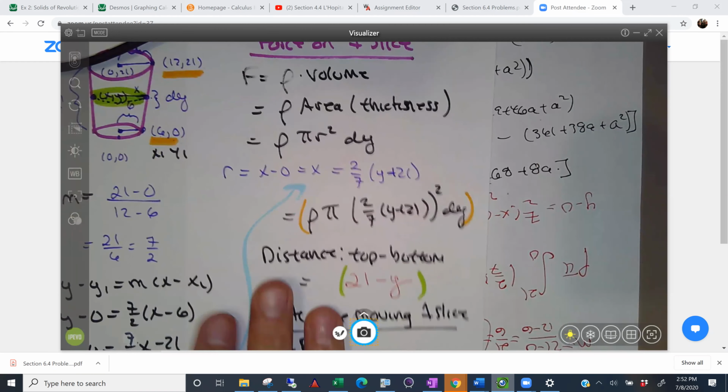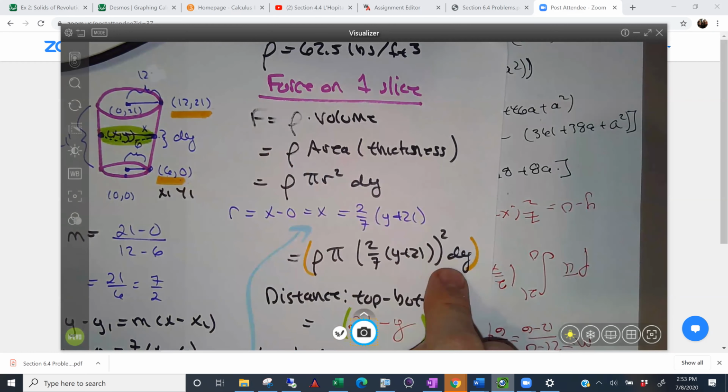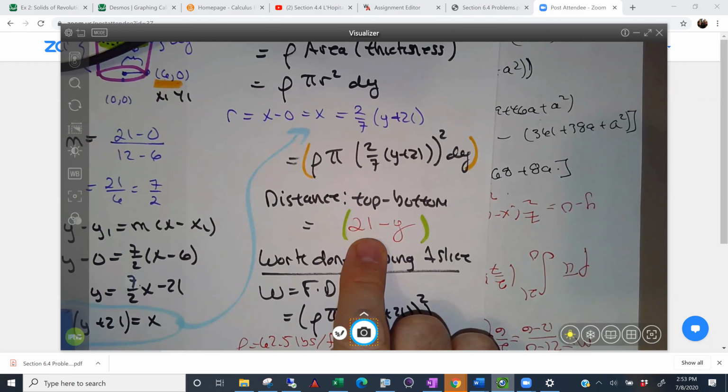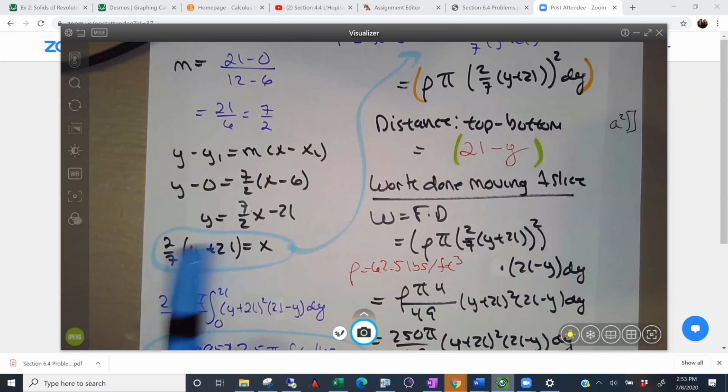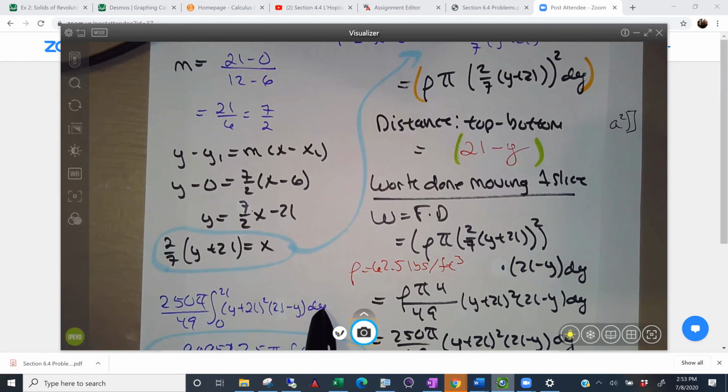So let's see. When you calculate the radius, that's in feet. And then when you square it, you got feet squared. dy is the thickness, so that's in feet. So now you got feet squared times feet, that's feet cubed. And then the distance here is feet again. So if you look at that, you've got feet, feet, and feet twice. You got feet to the fourth power.